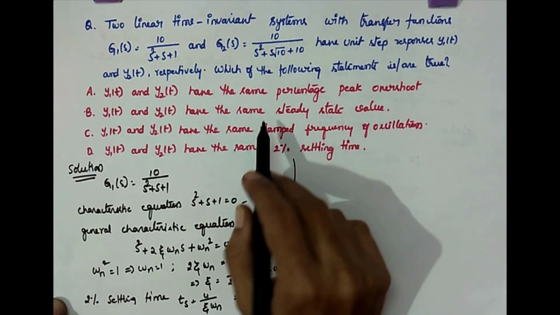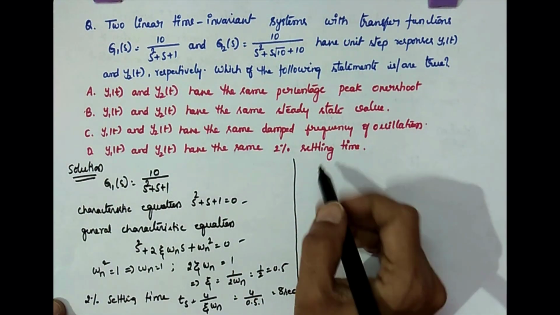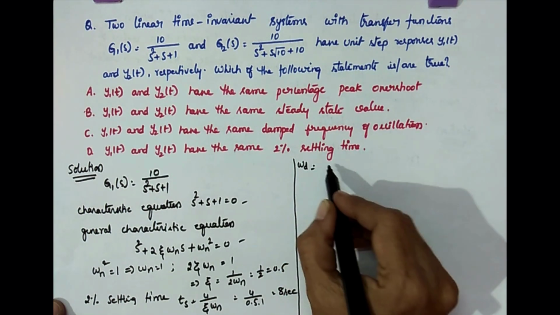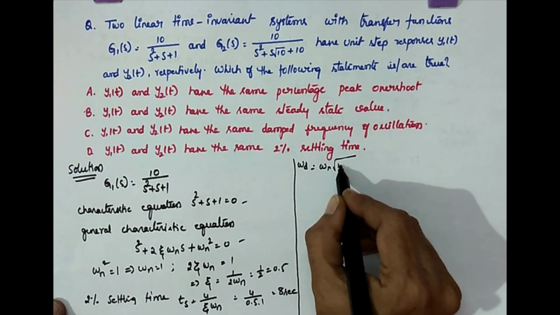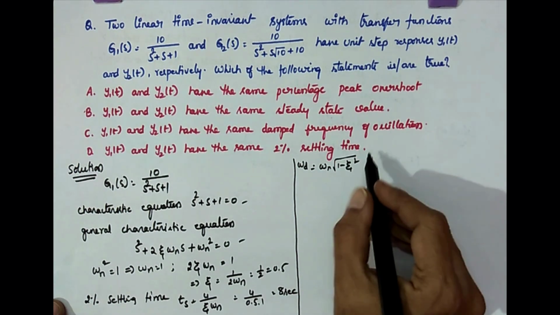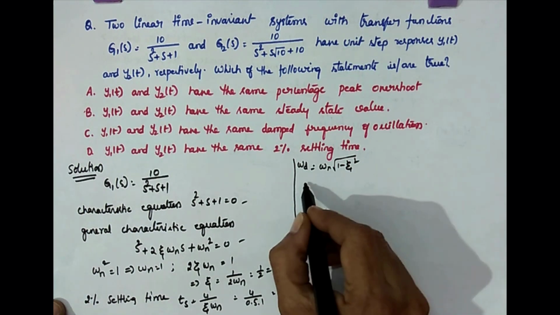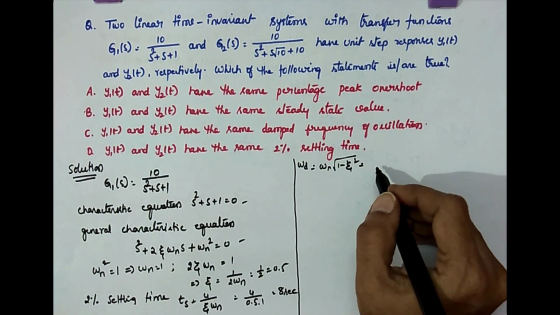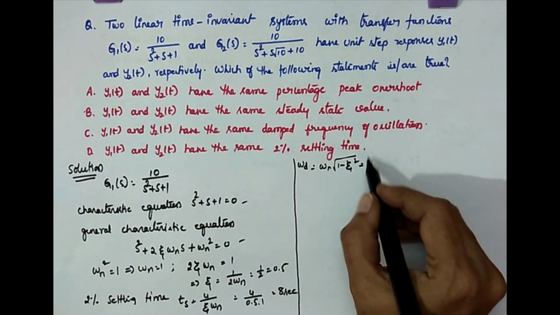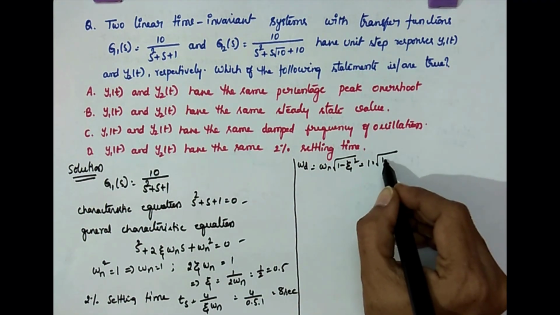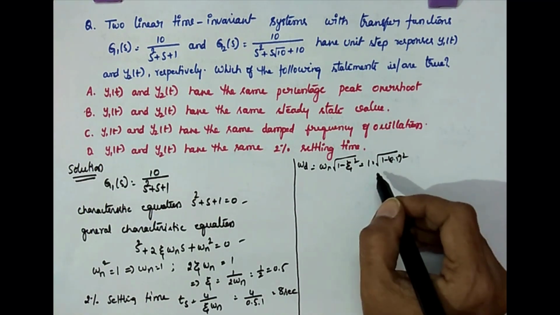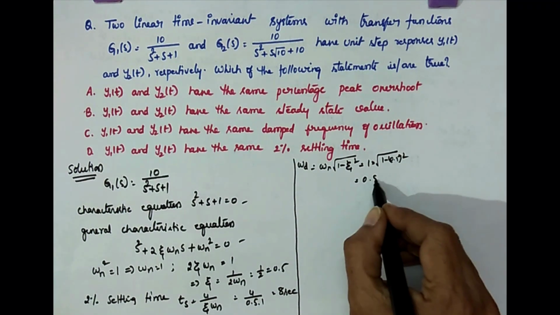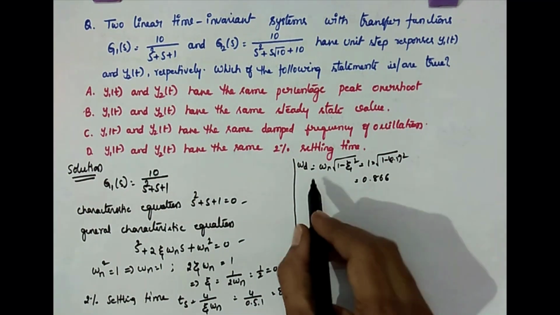And next, damped frequency of oscillations ωd is equal to ωn √(1 − δ²). For these values, ωn is 1 into √(1 − 0.5²). So the answer is 0.866.